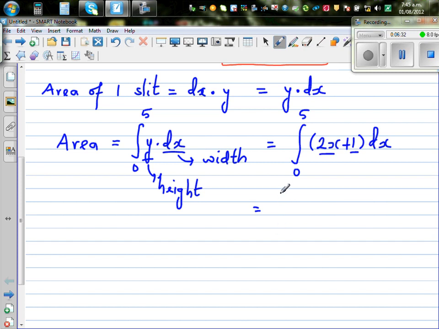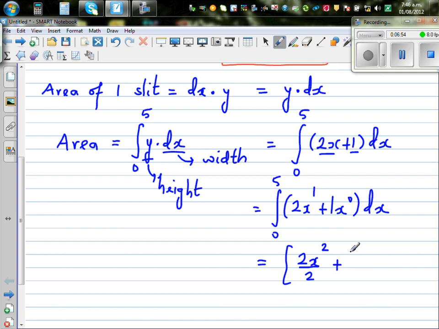So this is the integration, let me write again, from 0 to pi of 2x to the power 1 plus 1x to the power 0 dx. Okay, so you integrate this: 2x squared over 2 plus 1x to the power 1 over 1, and this is called the limits of integration, 0 to pi.